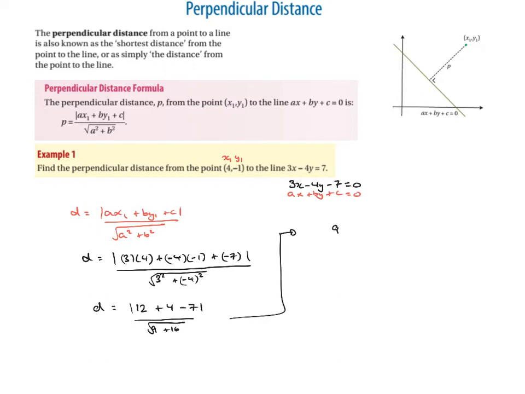So we've got 9 on the top. So d is equal to 9 all over the square root of 25. The modulus of 9 is just 9, and the square root of 25 is just 5. So d is equal to 9 divided by 5, or 9/5.